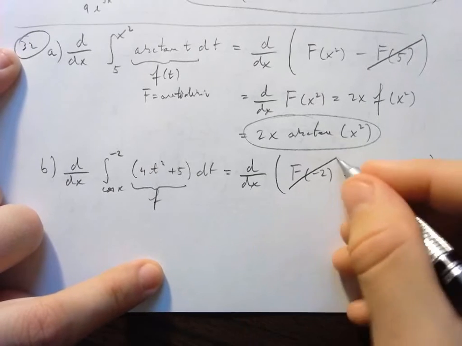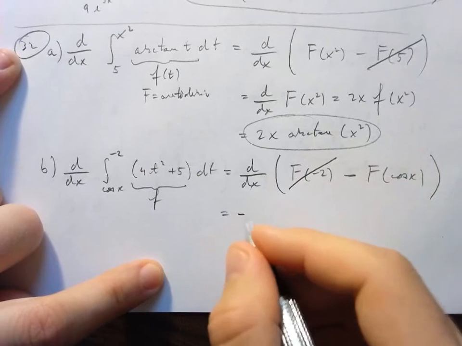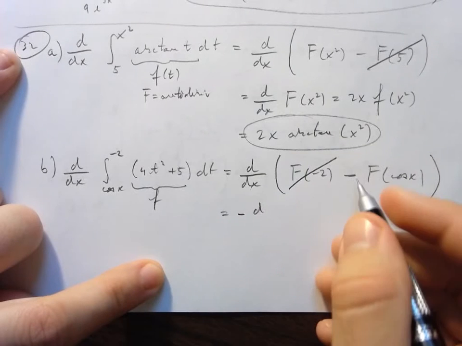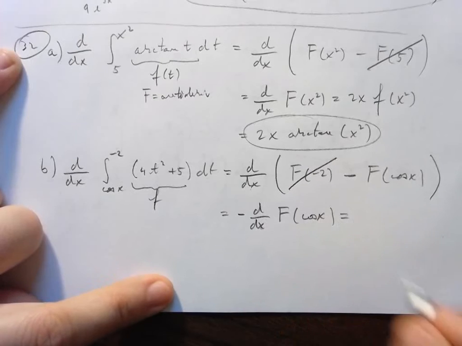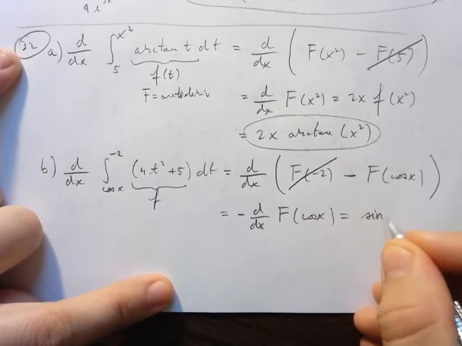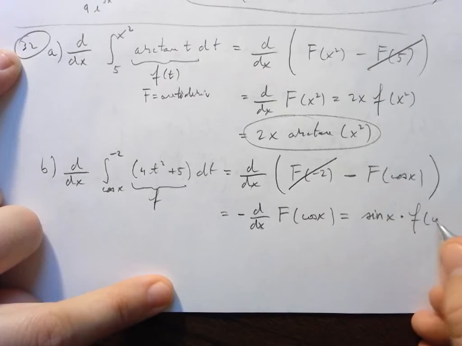Now when I take derivative here, F of minus 2 is just a constant, so that's 0. So I'm left with minus, because of the minus sign, cosine x. The derivative of cosine is negative sine, so this should be just positive sine, because I have an extra negative here, of x times little f of cosine of x.